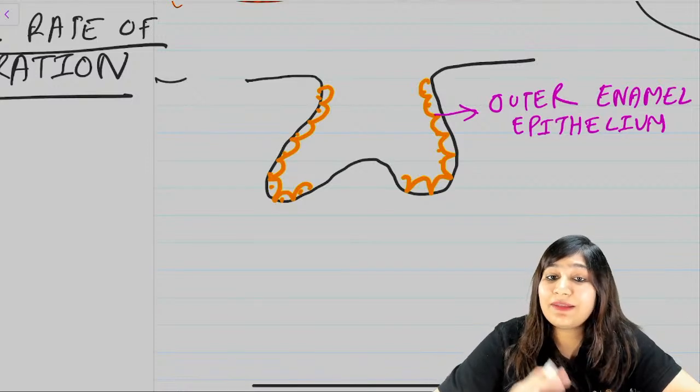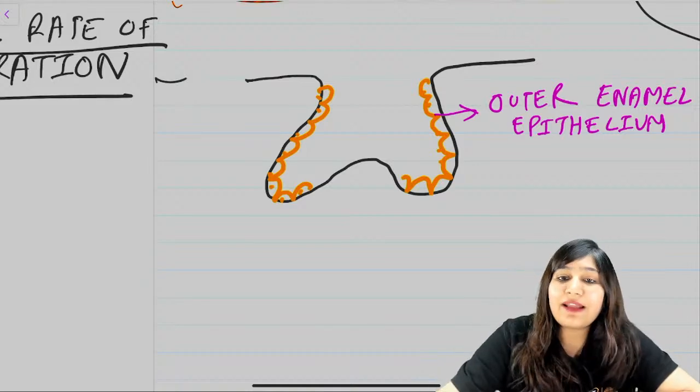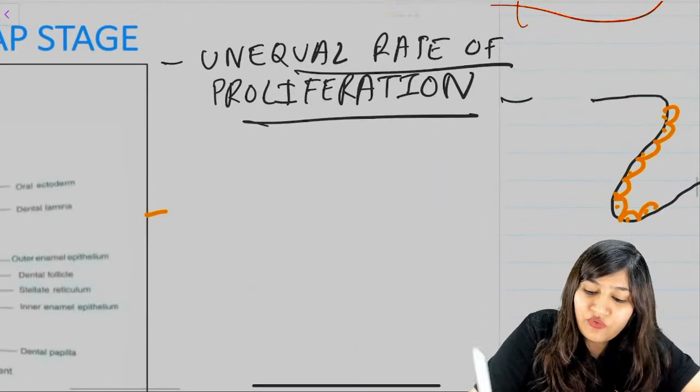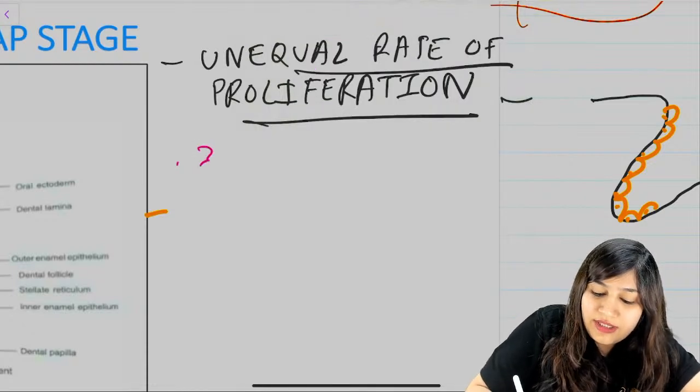Cuboidal cells present in the convexity of the enamel organ. These are our outer enamel epithelium. So one layer is that; 3 layers are present here.